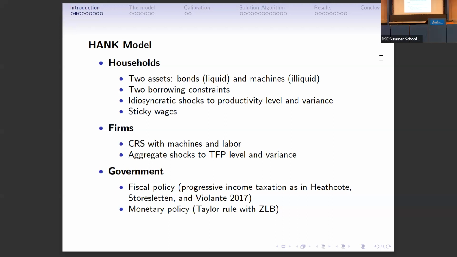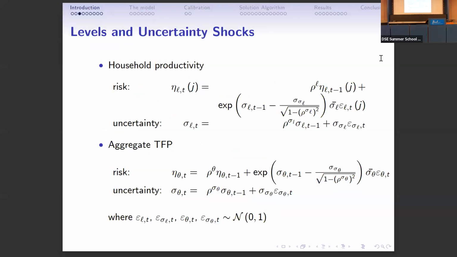And then government, we model both fiscal policy and monetary policy. For fiscal policy, we consider progressive income taxation, as is done in Heathcote et al. And for monetary policy, a standard Taylor rule with zero lower bound. So these are the processes that we use to model levels and uncertainty shocks.